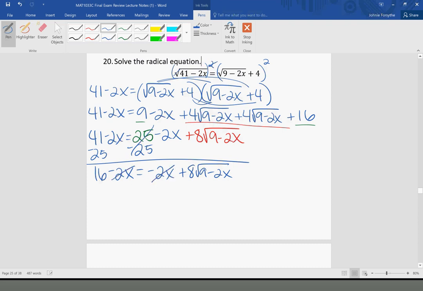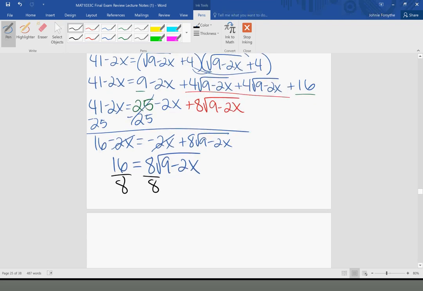Negative 2x is going to cancel, and I have 16 equals 8 square root of 9 minus 2x. And I want to get the square root by itself, so I'm going to divide by that 8. So I'm going to have 2 equals the square root of 9 minus 2x.